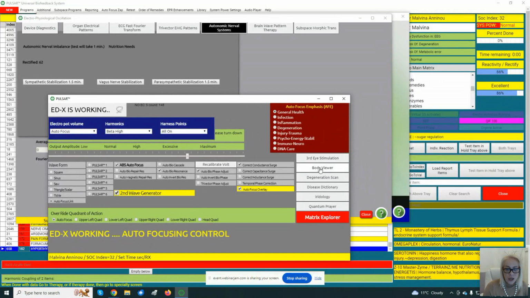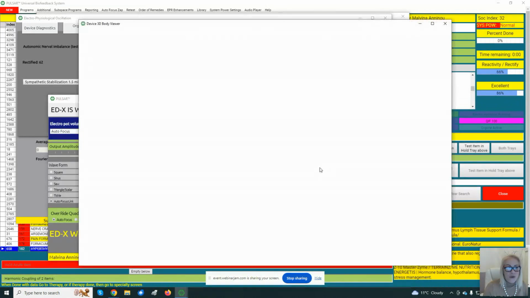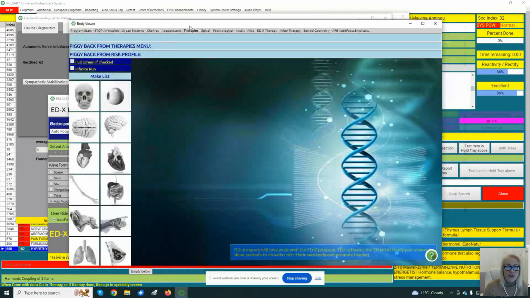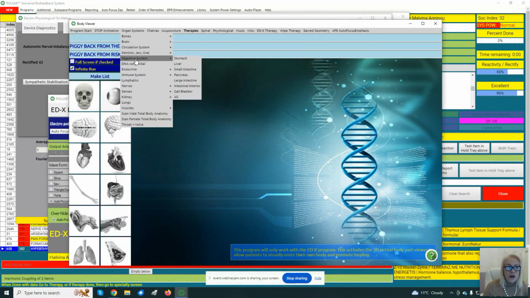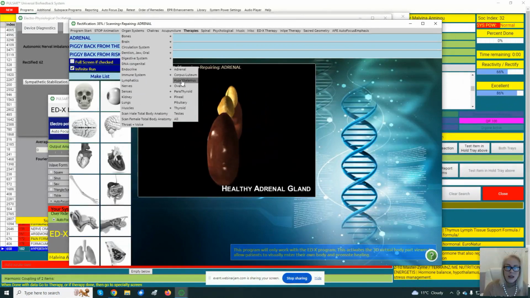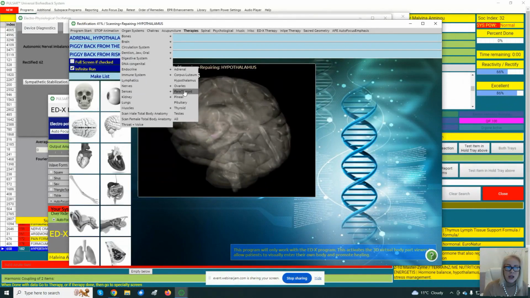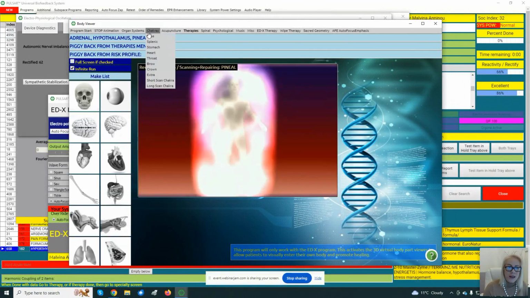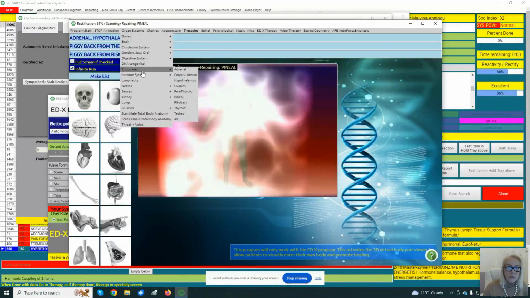So yeah, while we're working here, supposedly we've gone already to our risk panel and we've loaded our top risks. I didn't do that for now for our classroom purposes. But yeah, I would go here and I would go to the endocrine and load the adrenal, load the hypothalamus, load the pineal and the pituitary.